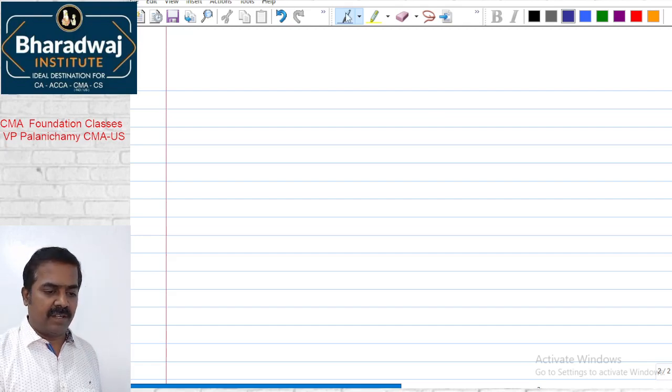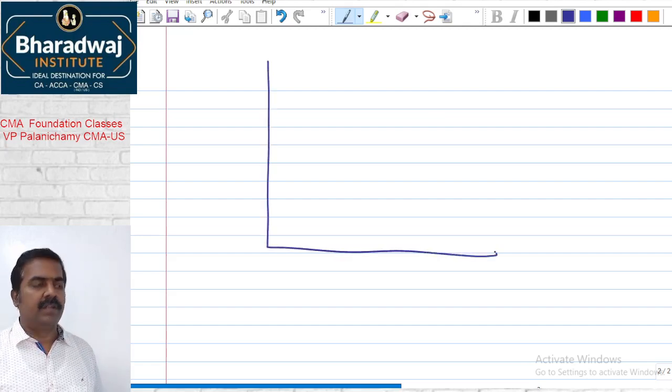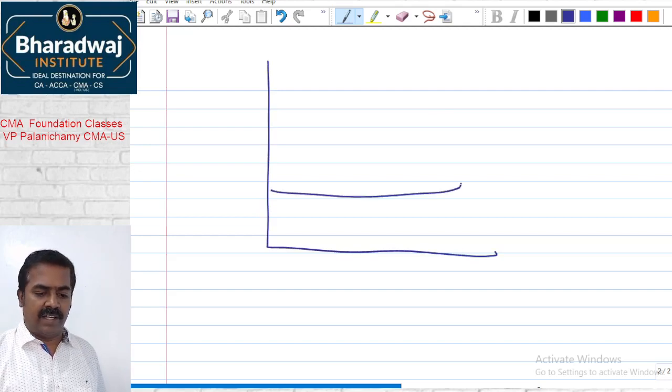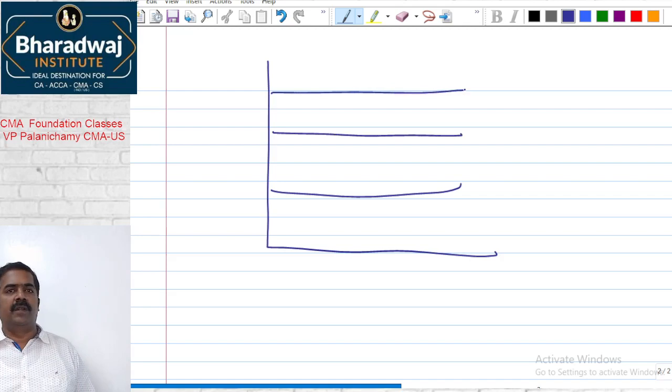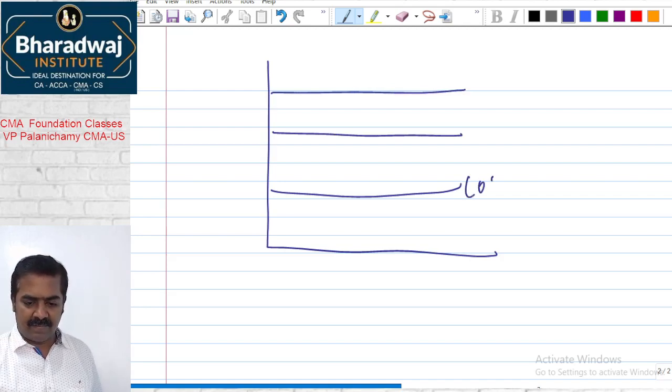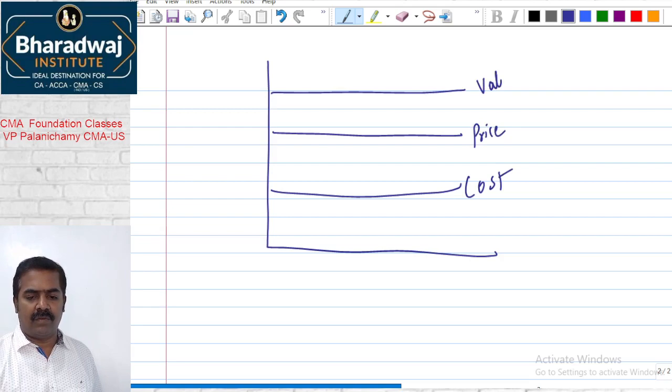When you make a chart, I draw 3 lines. Tell me which one should be the lowest, which one should be the highest. Cost, then price, then value. Okay.